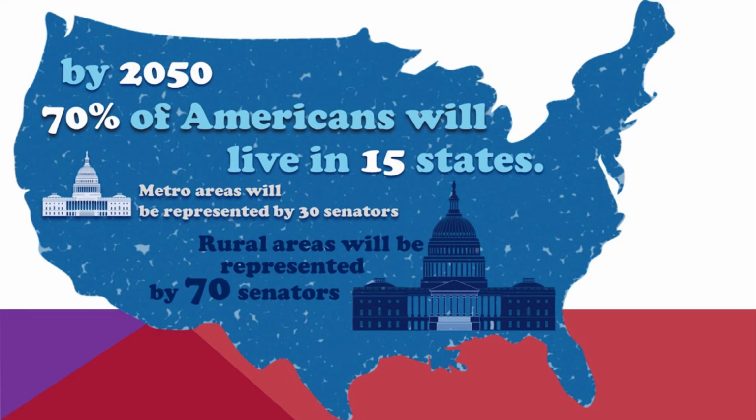Those areas with the most attractive metropolitan areas, the biggest job growth, that's where 70% of Americans are estimated to live by 2050. So metropolitan areas will be represented by 30 senators, while rural areas will be represented by 70 senators. And that has a significant impact on this outdated Electoral College system.